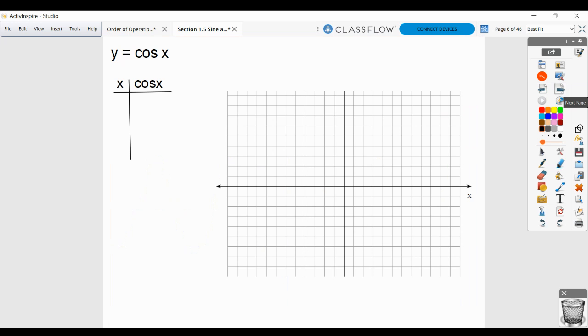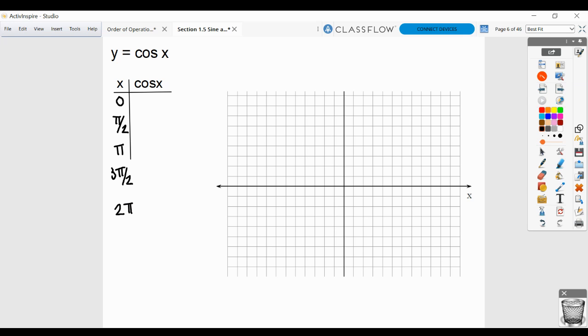Okay, if I would do the same thing with the cosine graph, I'm going to use the same x values. So we're still going to use the 0, the pi over 2, pi, 3 pi over 2, and 2 pi. Remember, these are the axes on the unit circle.